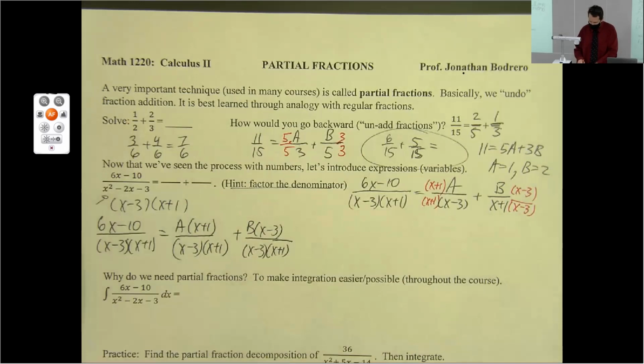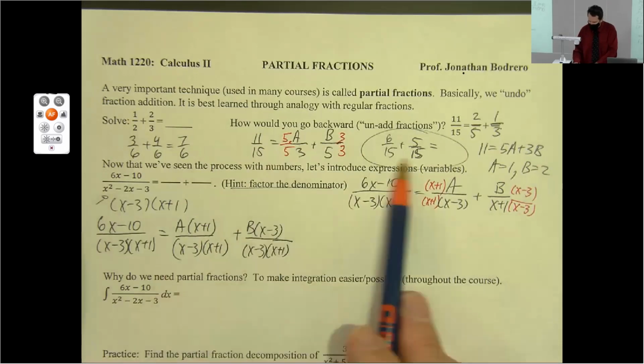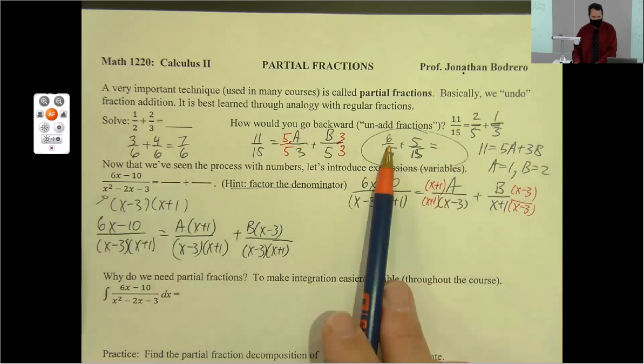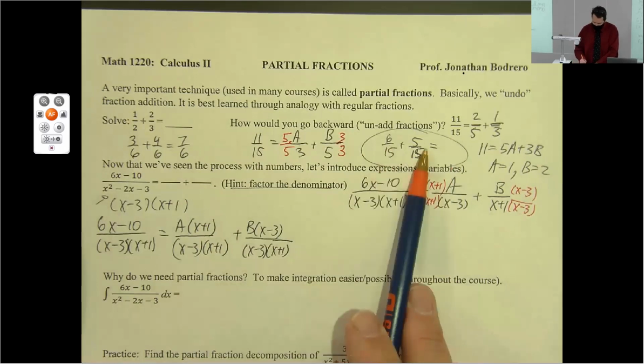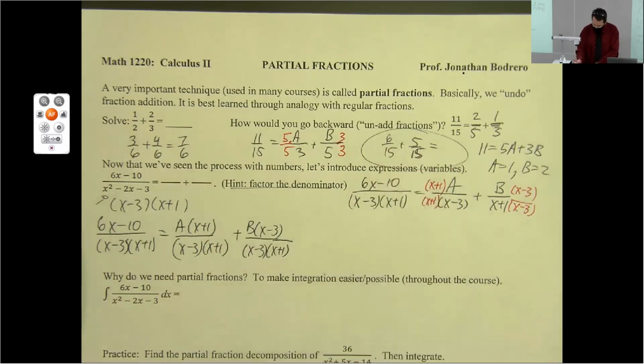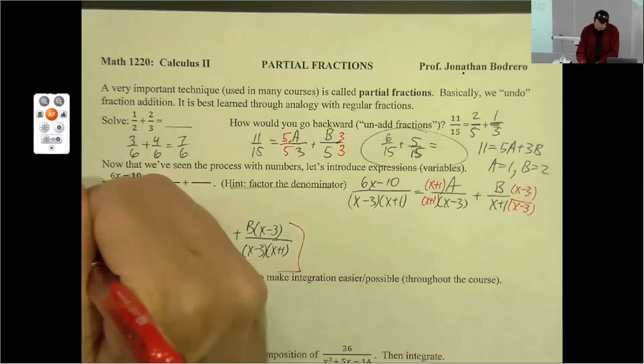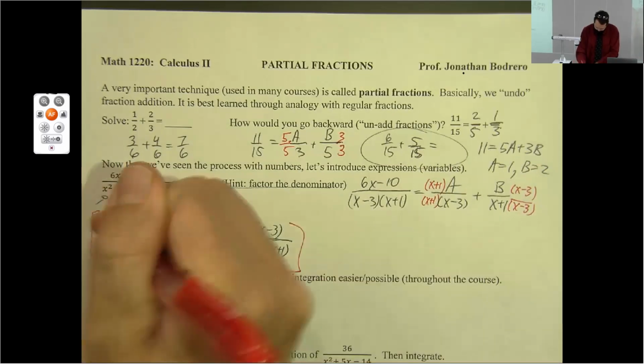Okay. Now, here's where the magic happens. If we notice that the denominators are all the same, what we're going to do is multiply everything by x minus 3 and x plus 1.